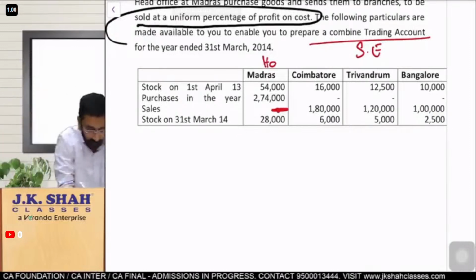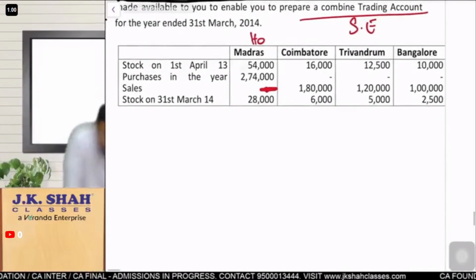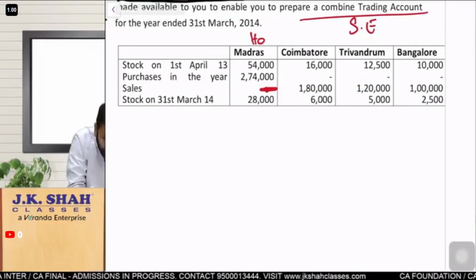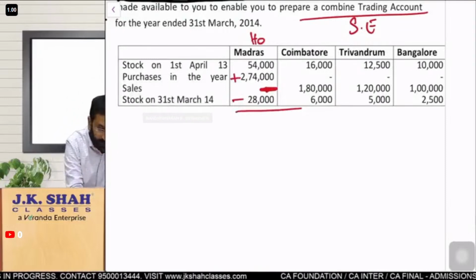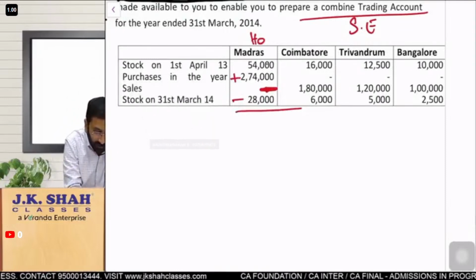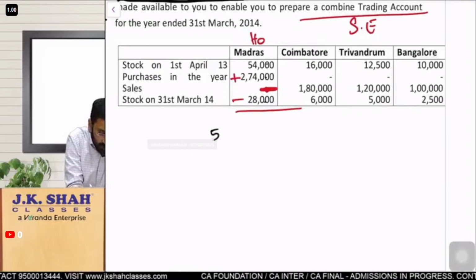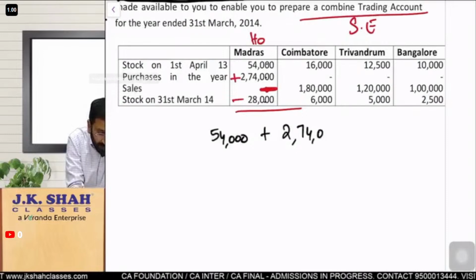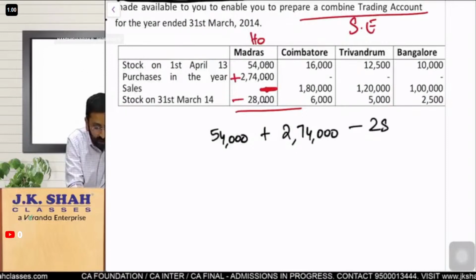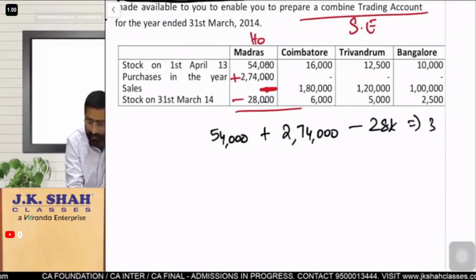Now, you know the basic formula: opening stock plus purchases minus closing stock. Do that. How much do you get, guys? So 54,000 plus 274 minus 28. How much do you get? 3 lakhs.